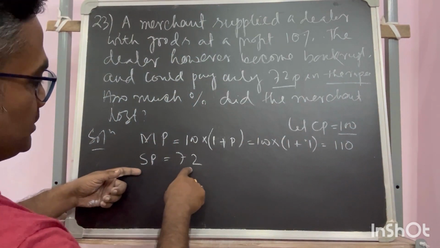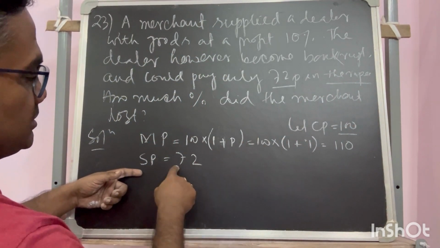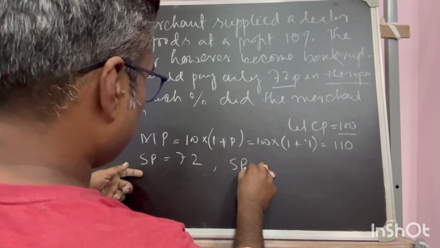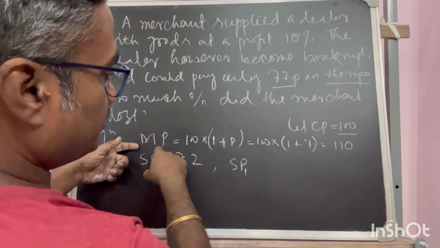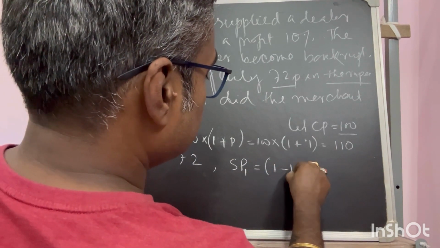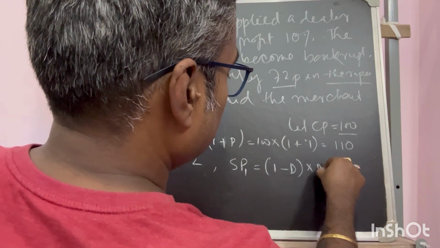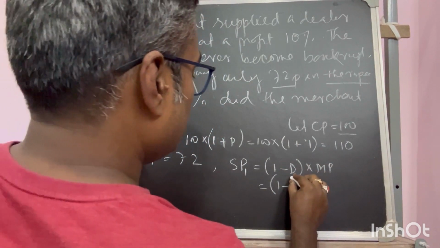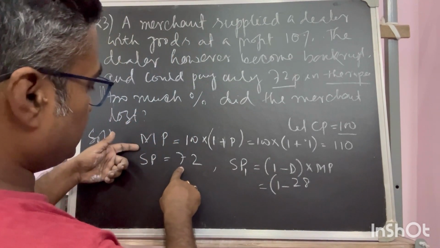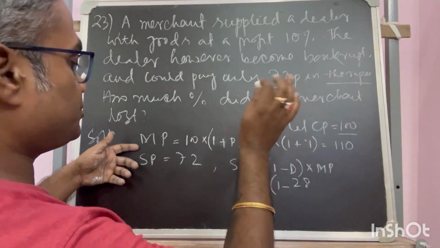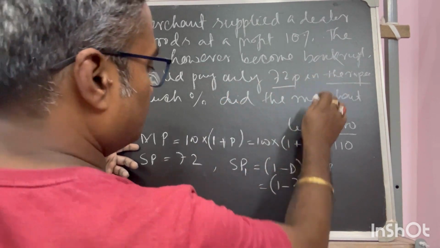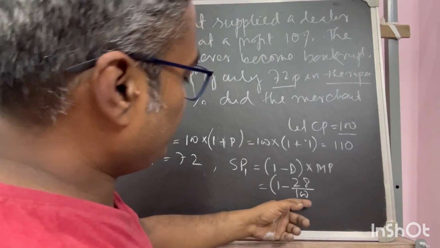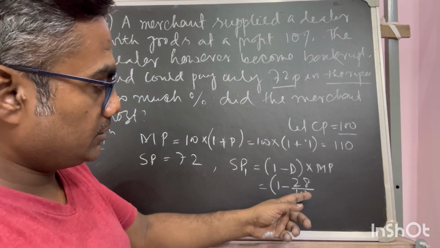So the actual selling price on the mark price is 1 minus discount into mark price, and he is paying 72 rupees for 100 rupees. So the discount is 28.